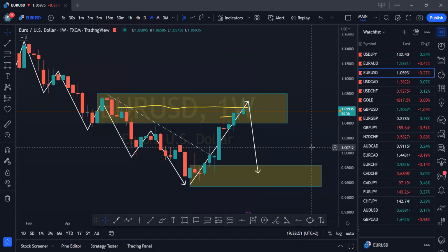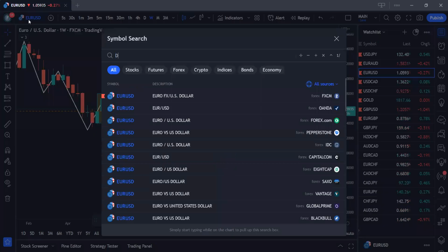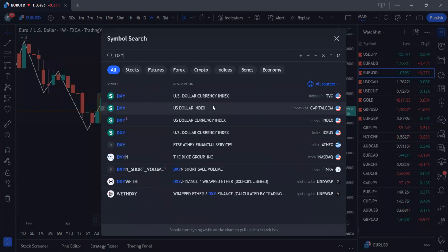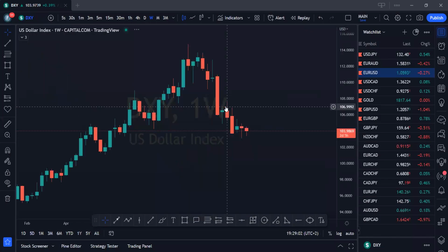Now, let me just digress and take you to the dollar index, and then let us just confirm something real quick. If you go to the US dollar index, what are we going to see? We are going to see a similar structure.